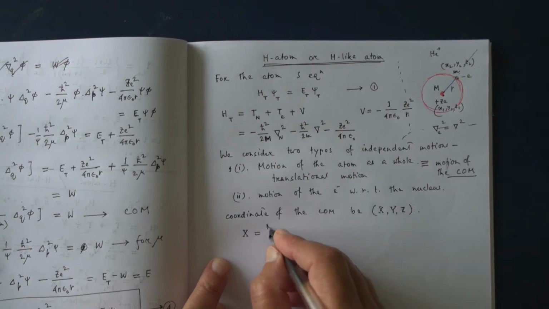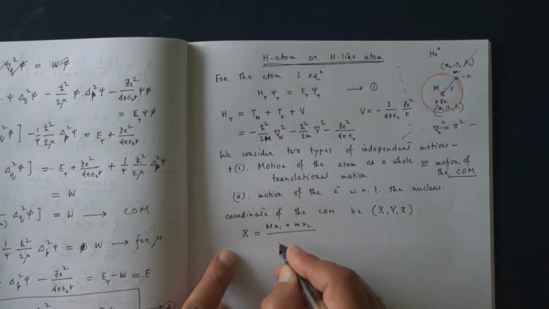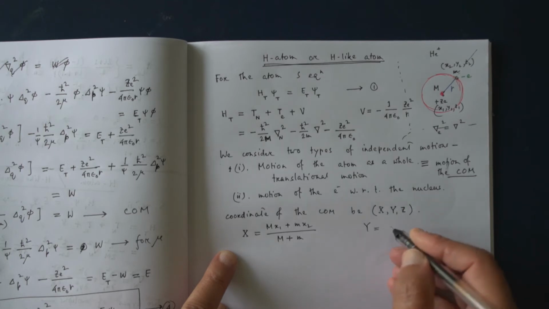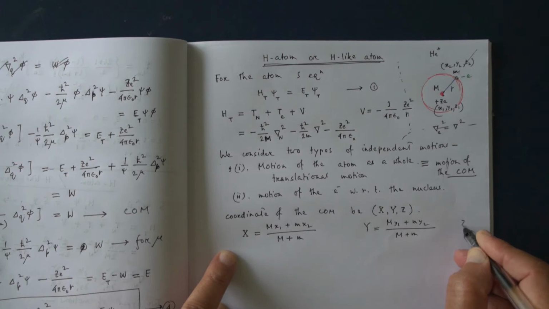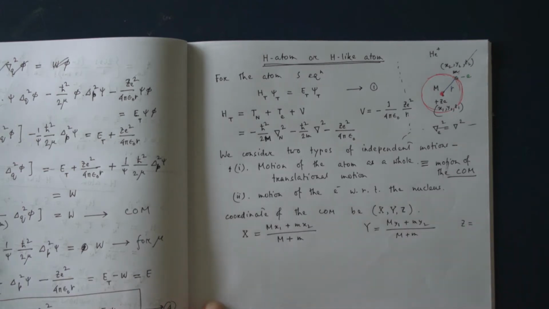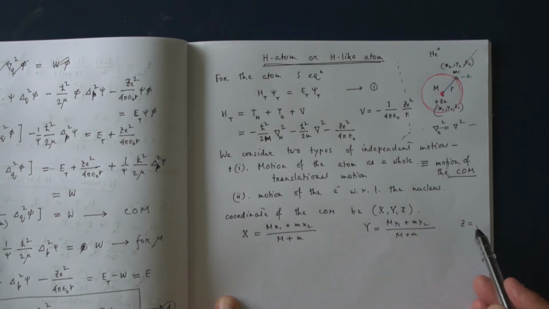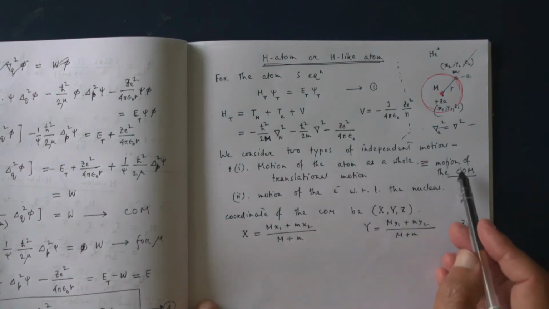So x equals (m x1 plus m x2) divided by (m plus m). Similarly, y equals (m y1 plus m y2) divided by (m plus m), and similarly z. So we define the coordinate of the center of mass as x, y, z, where x equals this, y equals this, and z will be a similar expression. So the motion of the atom as a whole is equivalent to the motion of the center of mass.